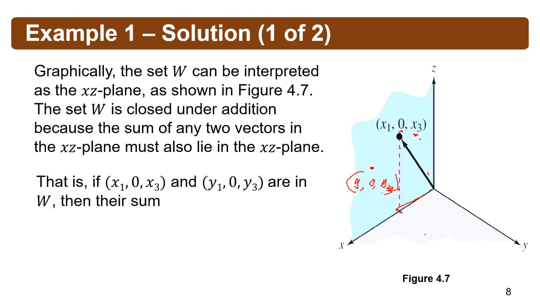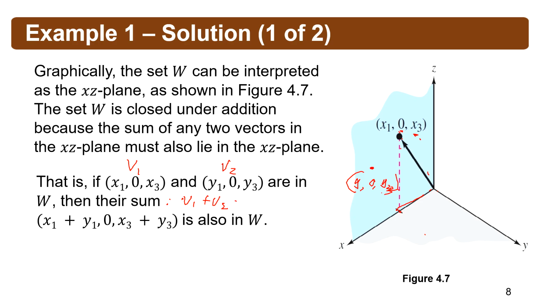If we add them, v sub 1 plus v sub 2 is equal to (x sub 1 plus y sub 1, 0, x sub 3 plus y sub 3).